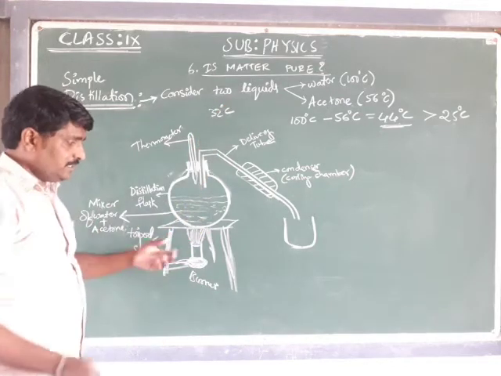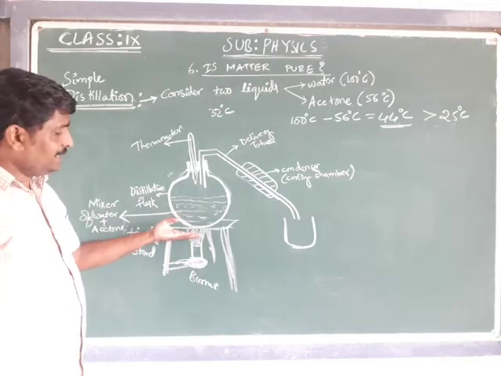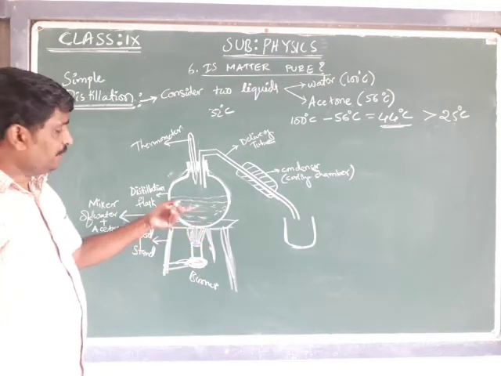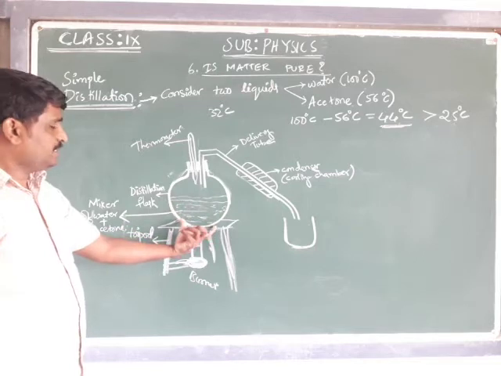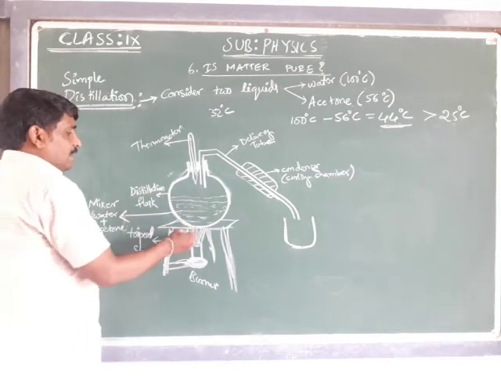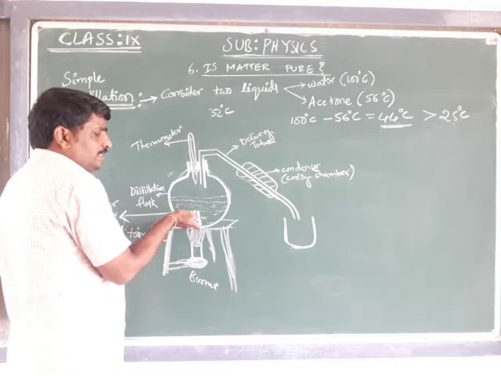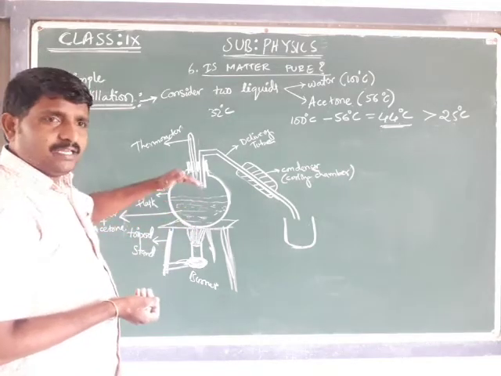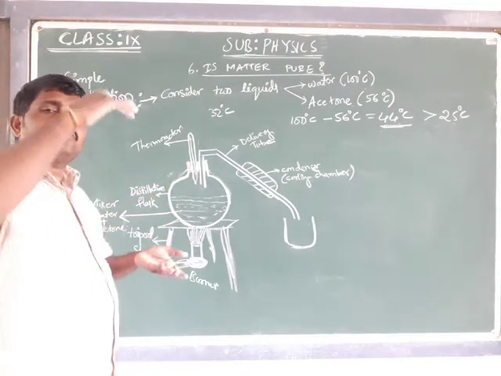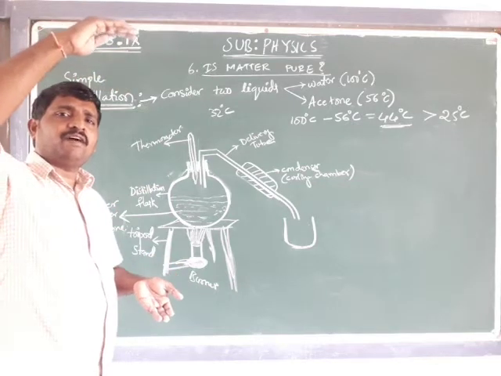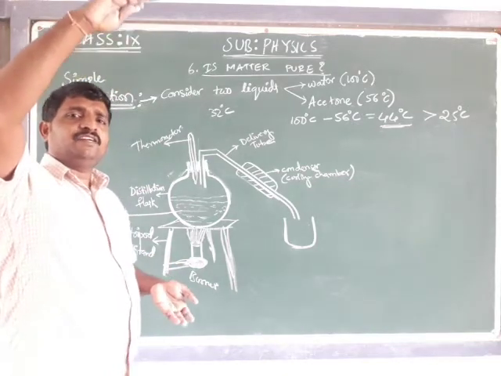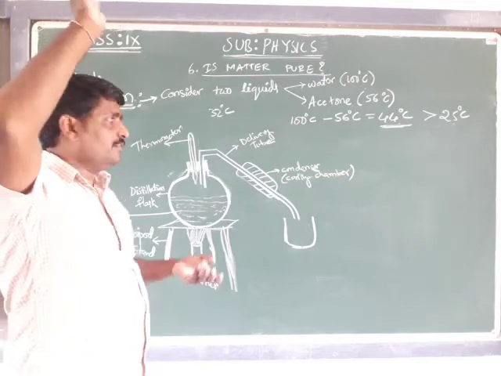When we supply the heat energy to this distillation flask, the temperature of this liquid slowly starts increasing from 32 degrees to 35, 38, 40, 45, 50, 51, 52, 53, 54, 55, 56.